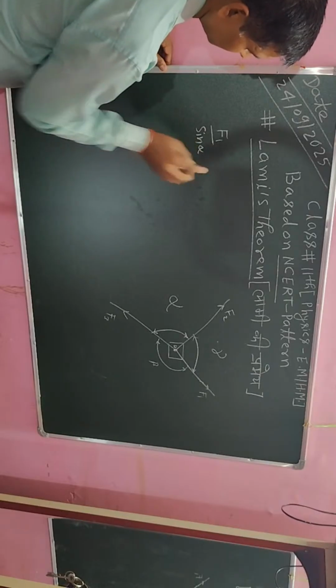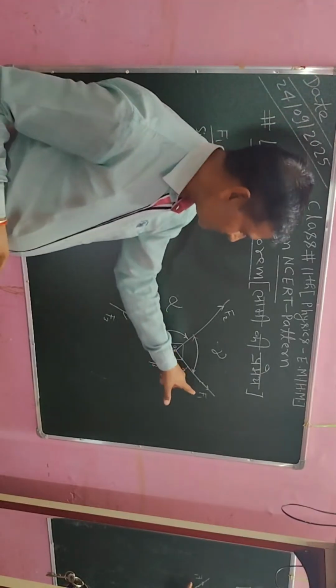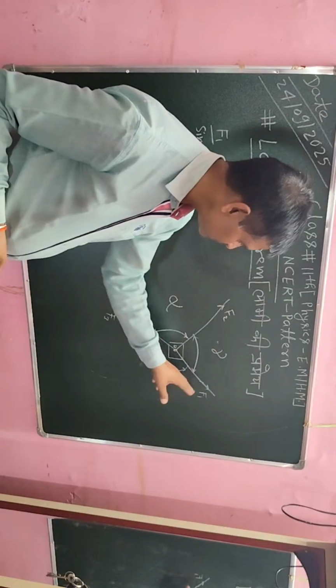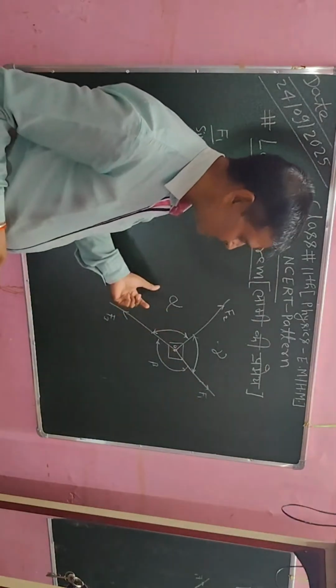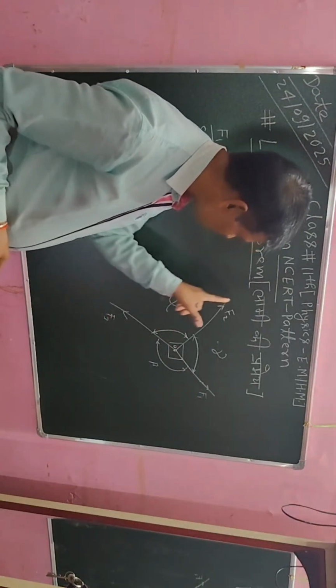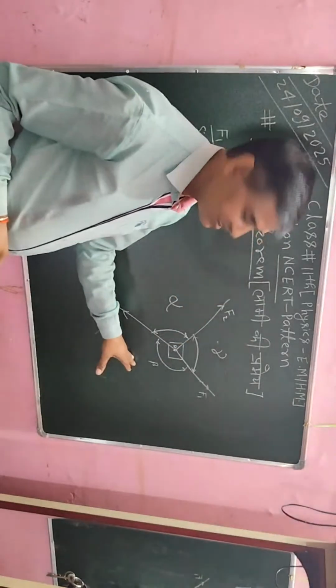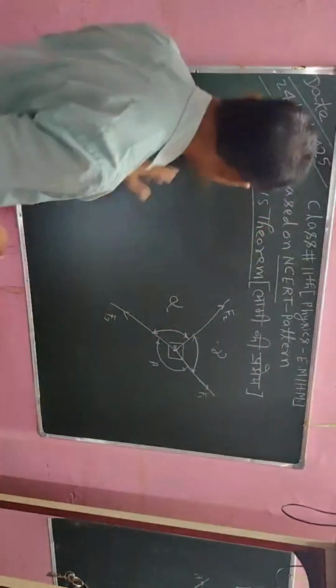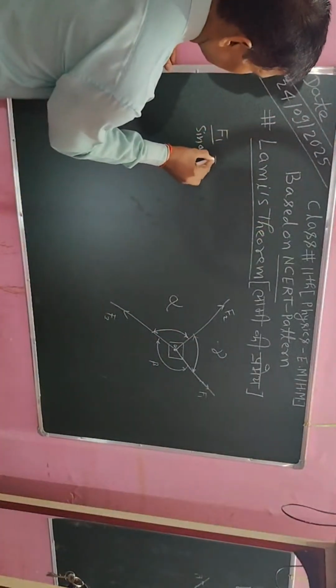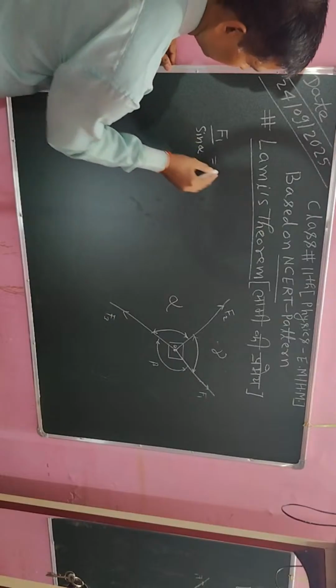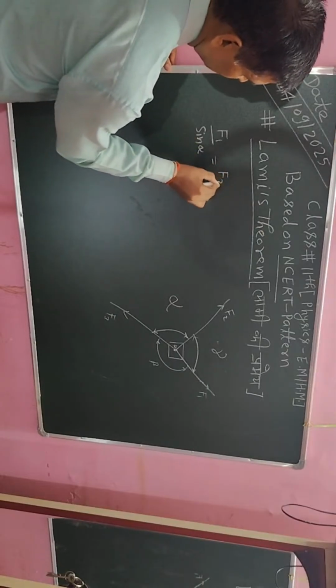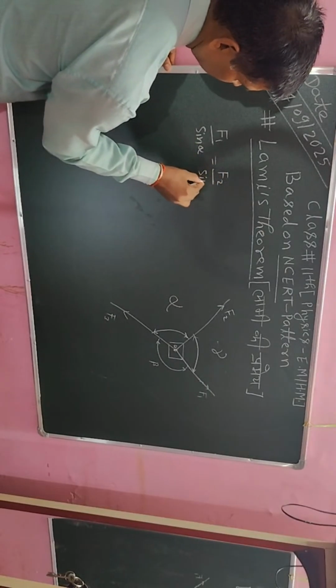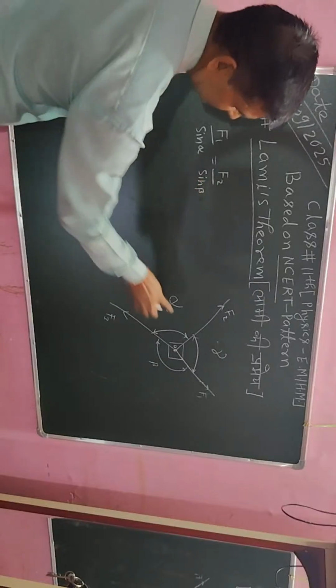Here I take the angle alpha because I am taking this force, so corresponding to this force I consider this angle, and according to that force I consider that angle. So Lami's theorem says F1 divided by sin alpha, similarly F2 divided by sin beta.